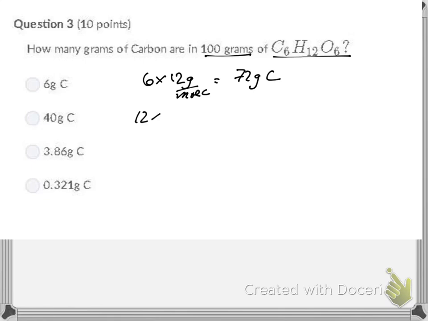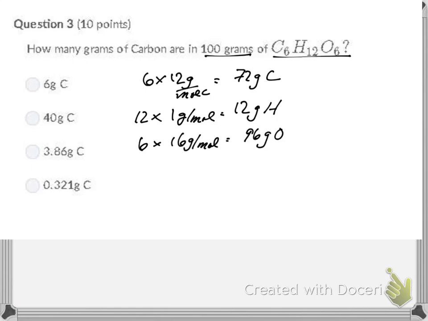To get the molecular mass, we take 6 carbons times 12, which is 72 grams of carbon, 12 atoms of hydrogen times 1 gram per mole gives us 12 grams of hydrogen, and 6 times 16, 96 grams of oxygen in each mole of sample, giving us a total of 180 grams per mole.